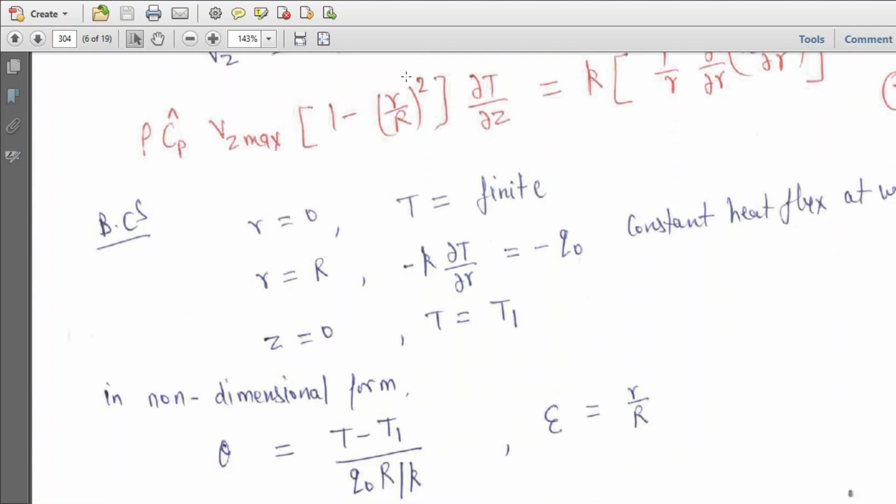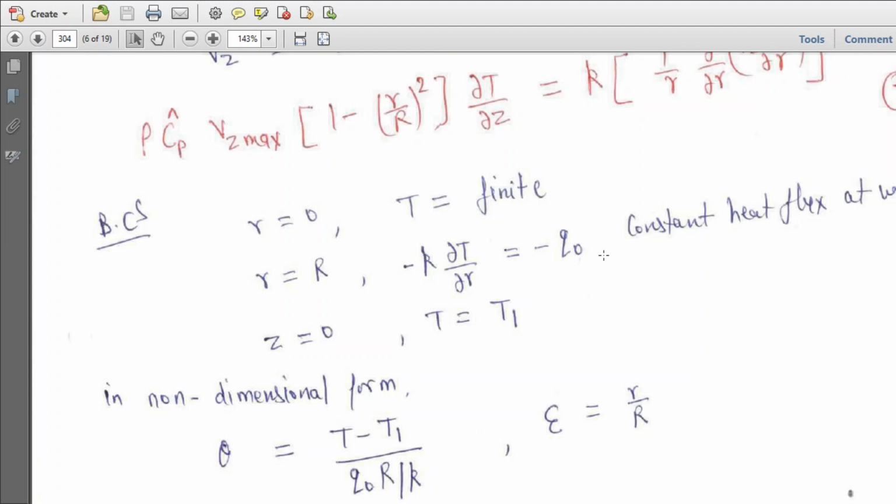First boundary condition: at R equal to 0, T is finite, which means at the center of the tube you should have a finite temperature. Now at R equal to capital R, you are at the tube wall, so there the conduction flux would be equal to the total flux which you are maintaining at the wall. The wall is maintained at constant heat flux, Q naught.